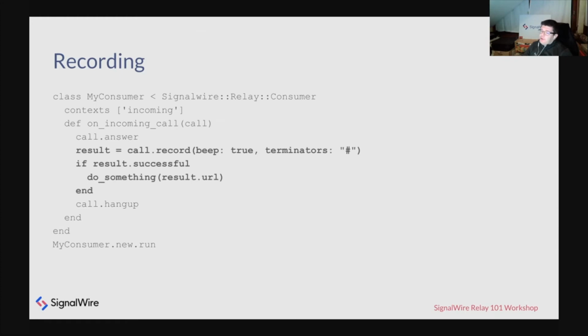Again, if the result is successful, we'll do something with the URL of the recording. When you're doing a recording, what you get is a URL in MP3 form from our cloud. So then you're able to download it, delete it, whatever. But we're checking that the recording actually succeeded before we do anything with it.